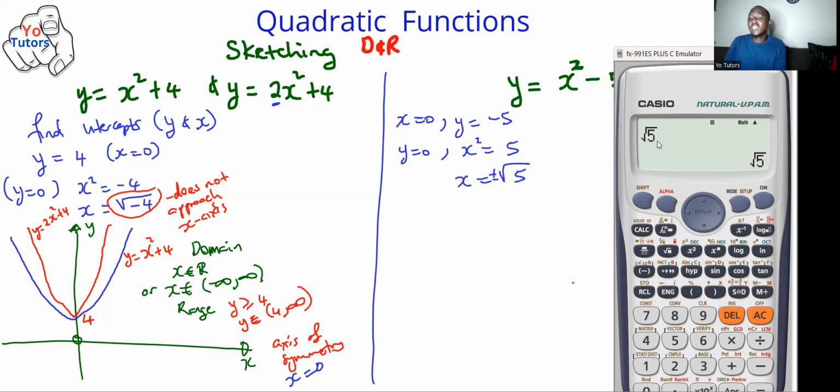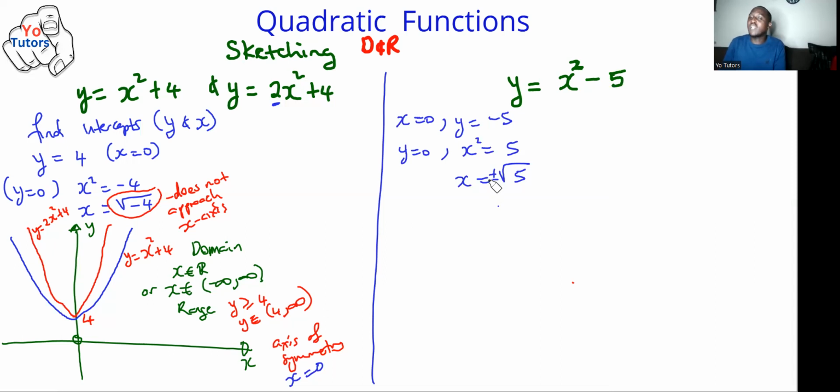We don't want to stress ourselves and write the decimal here, so your value is going to be plus root 5 or negative root 5. So these are the x-intercepts.